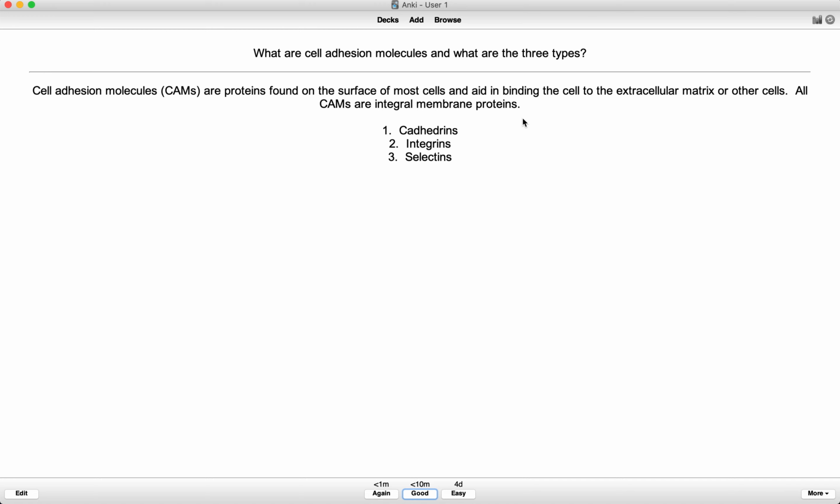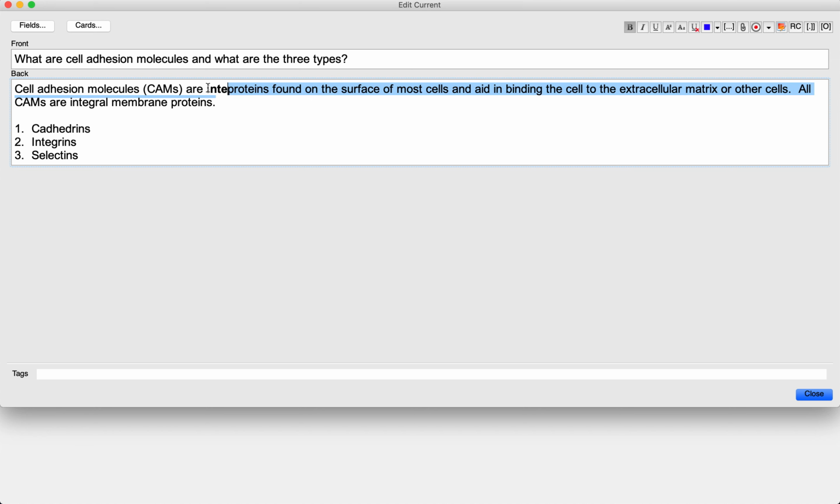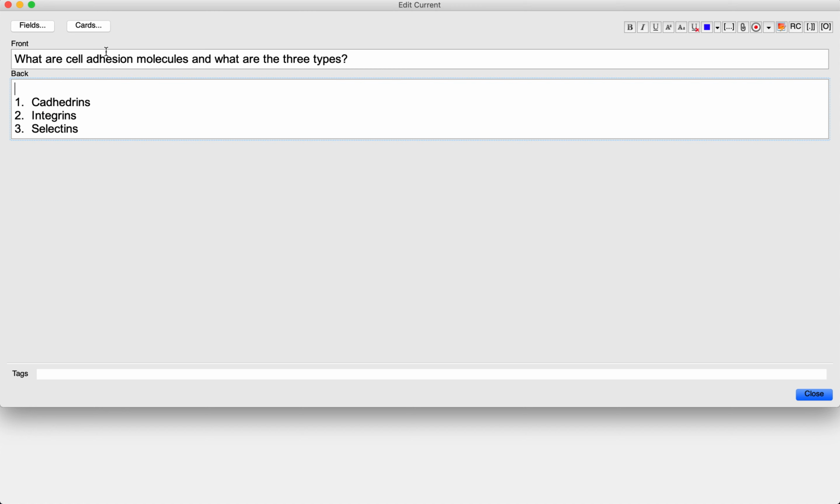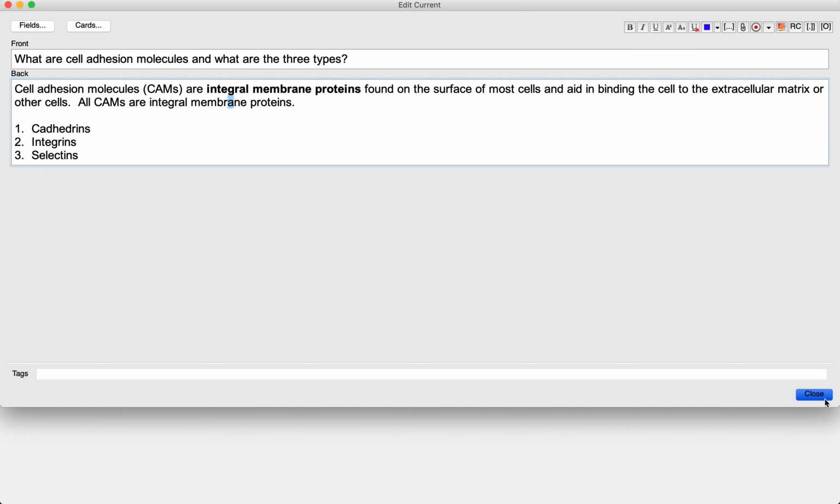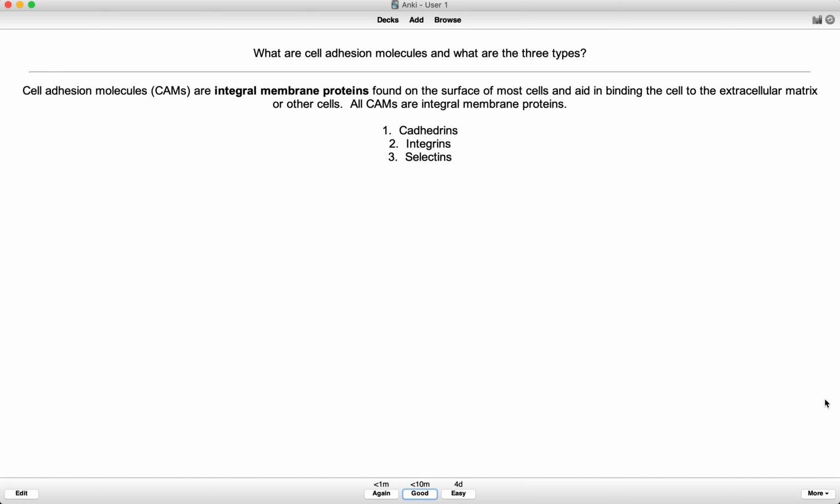All CAMs are integral membrane proteins found on the surface of most cells, and they aid in binding a cell to the extracellular matrix or other cells. Cadherin, integrin, selectins.